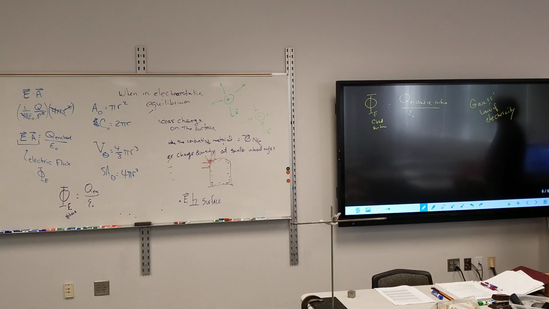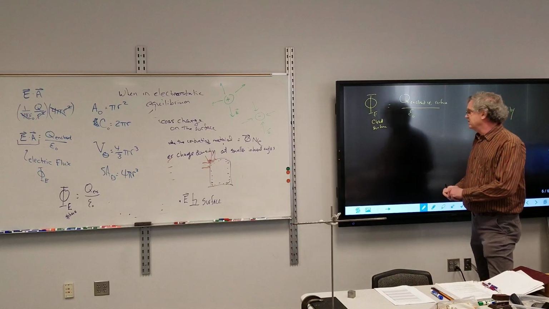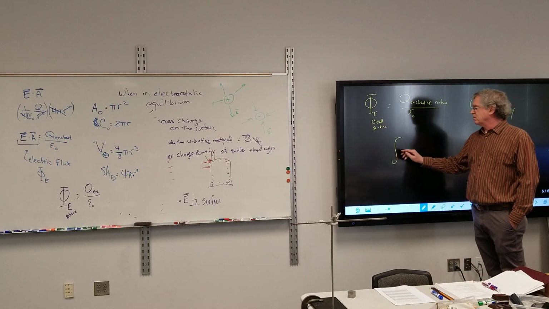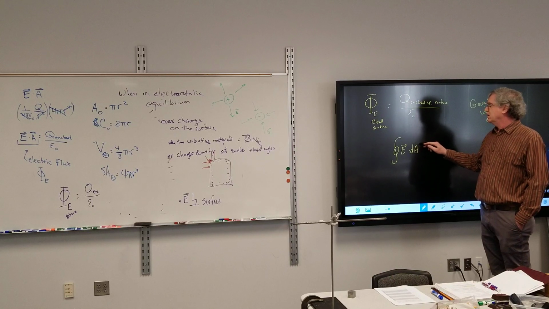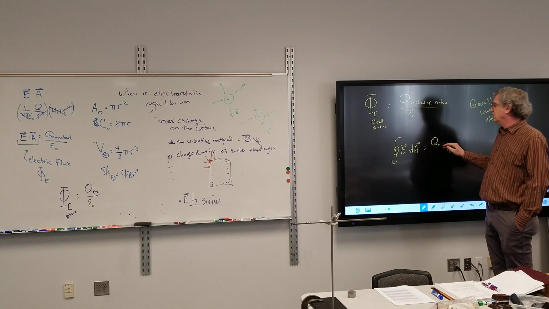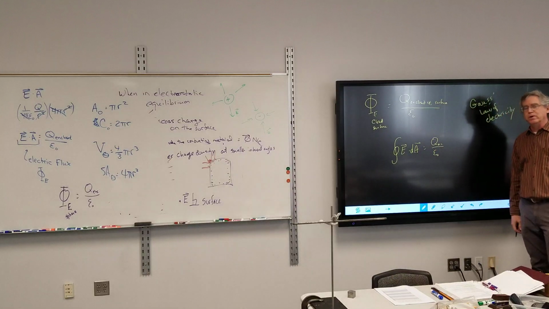For those who have had calculus, this is just a 15-second aside. This also can be written as the integral of E dot dA equals Q closed. That's the calculus, the integral form of the exact same thing.